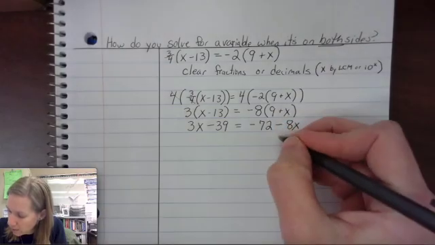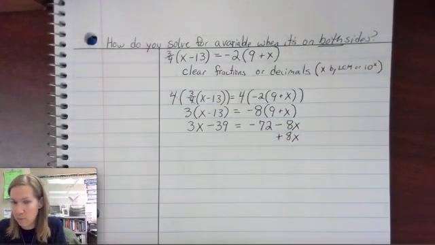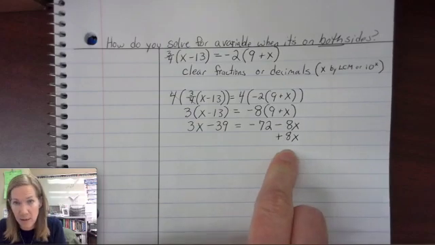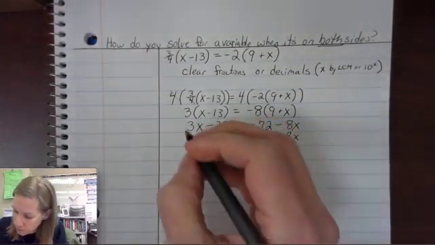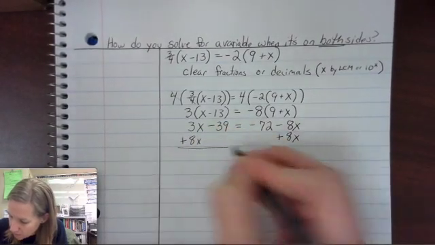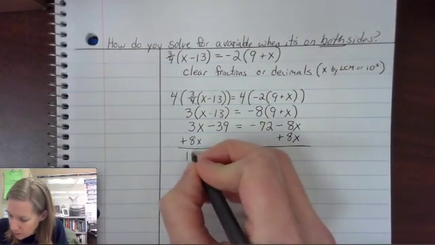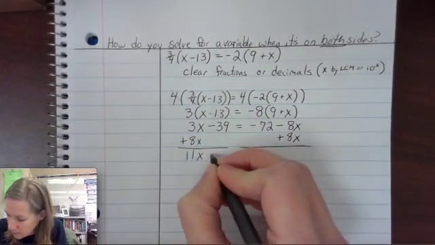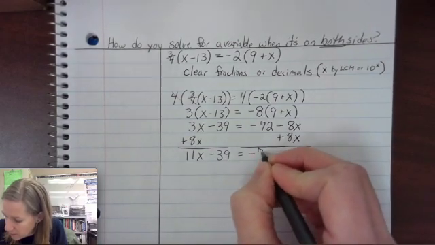And to do that, I'm going to add 8x to this side, which will get rid of it on this side. But remember, whatever I do to one side, I have to do to the other side. So I'm going to add 8x to this side as well. Here I'll get 11x minus 39 equals -72.